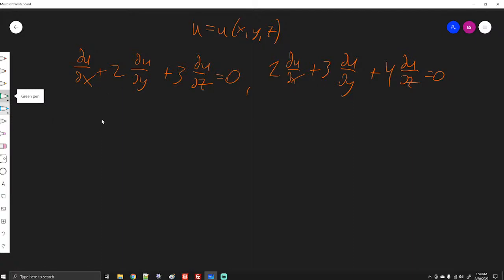So what I do is I write the left sides as a dot product. So 1, 2, 3 dotted with the gradient vector equals 0, and 2, 3, 4 dotted into the gradient vector equals 0.